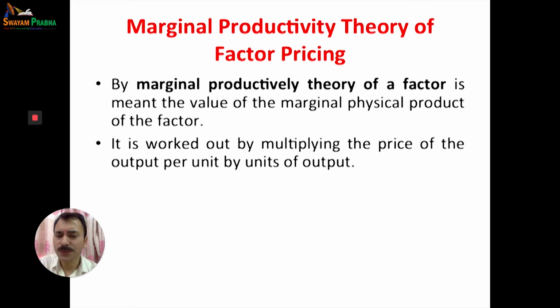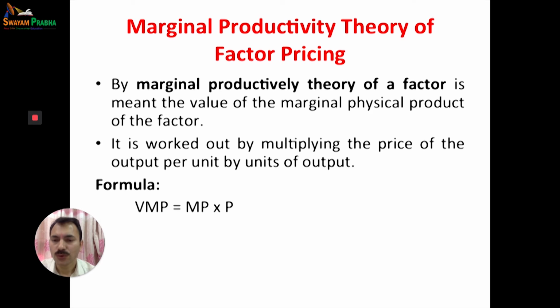Suppose one labor produces 5 units. When the second labor is employed, the total production may increase from 5 to 9, for example. Thus the marginal physical productivity of the second labor will be 9 minus 5, that is 4 units of the product. It is worked out by multiplying the price of the output per unit by the units of output.